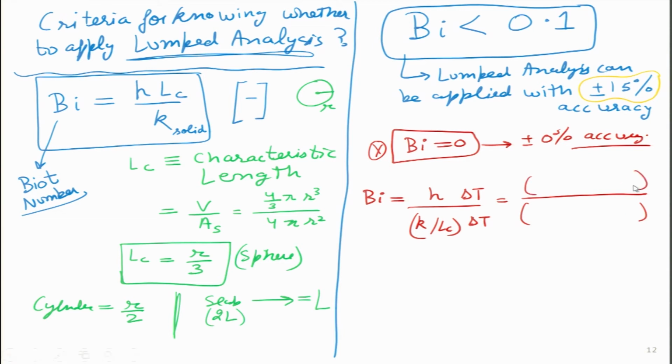So, let me write that term down over here. Then we have conduction within the solid body, that is the denominator, and the numerator is convection at the surface of the solid.